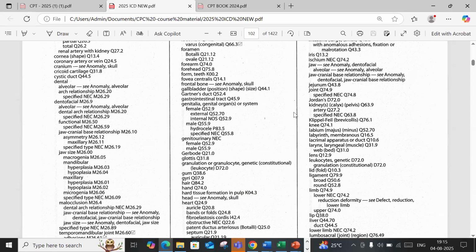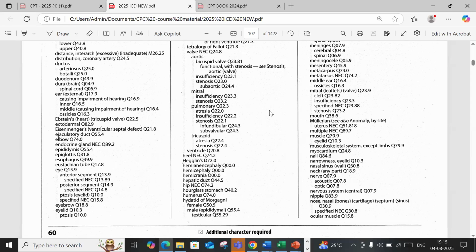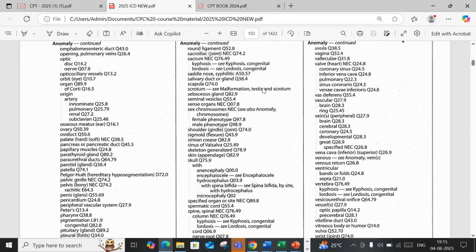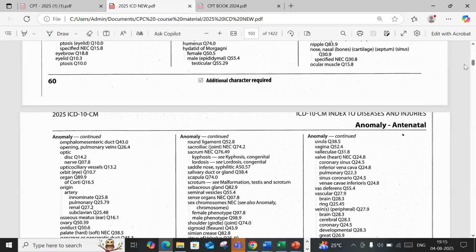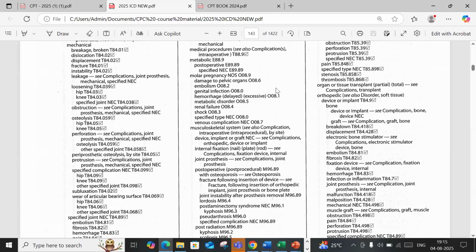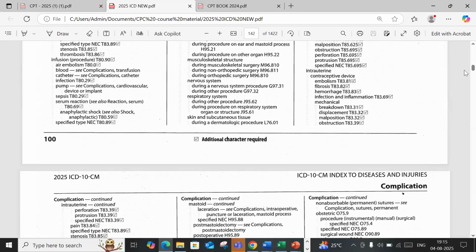So anxiety we are not getting from this index under A-N-E, right? Anxiety. So now anxiety comes under disease, right? Wait, we'll see for anxiety only. So now you have to go to D. Under disease, you will get anxiety.